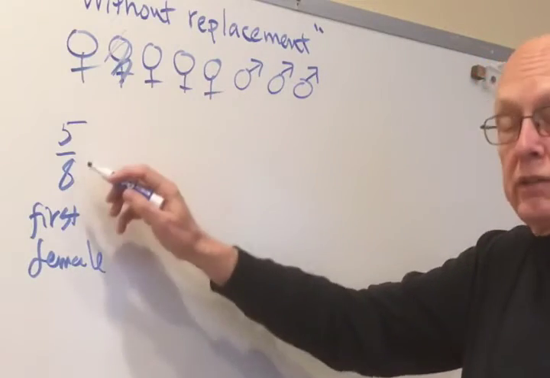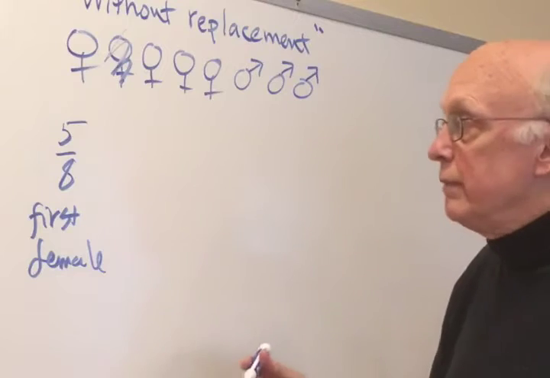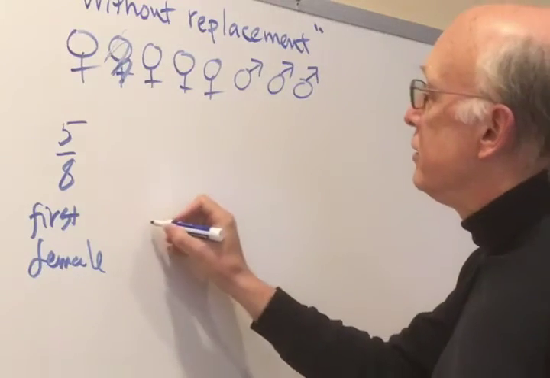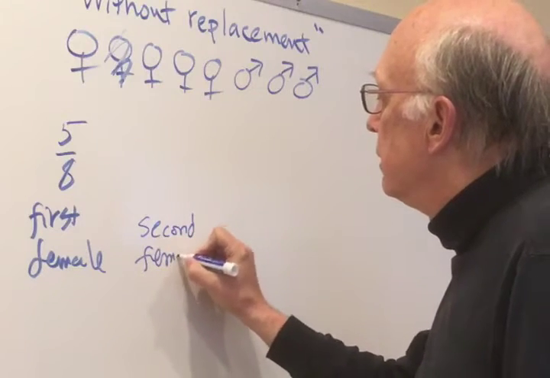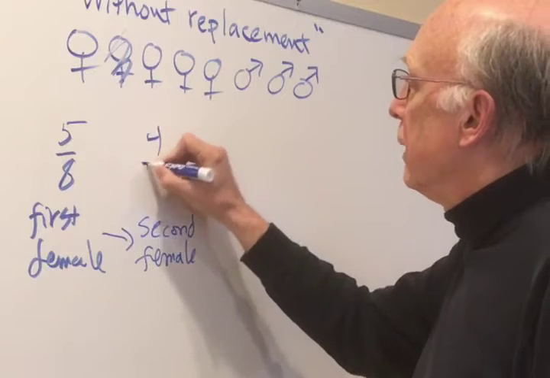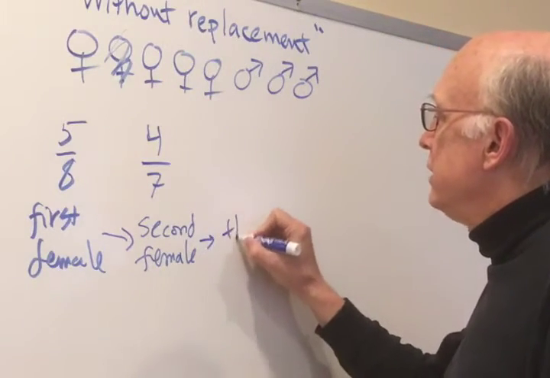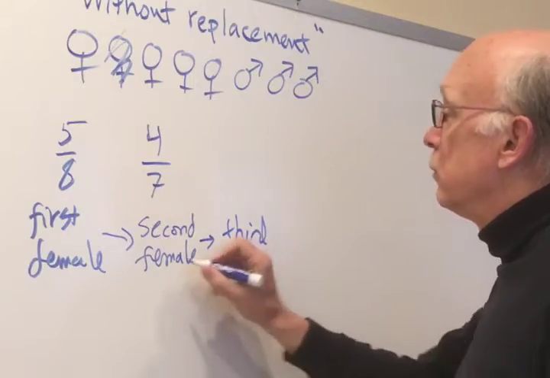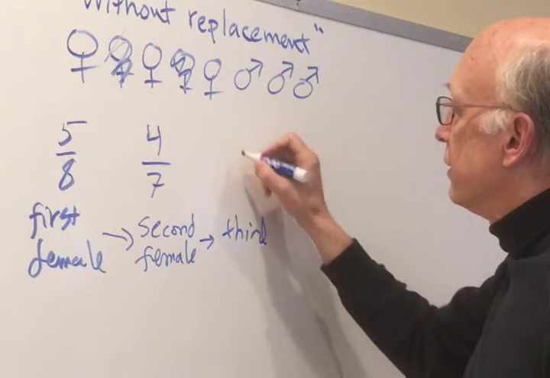If the first one has already been chosen, now there are only 7 and only 4 of them are females. So the chance that the second one is female, given that the first one is female, is 4 out of 7. By the same reasoning, the third one, given the first 2, is 3 out of 6.